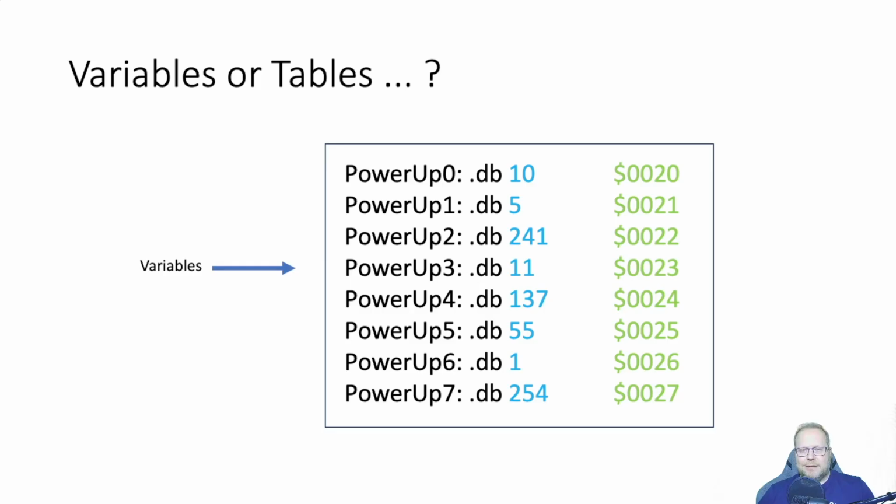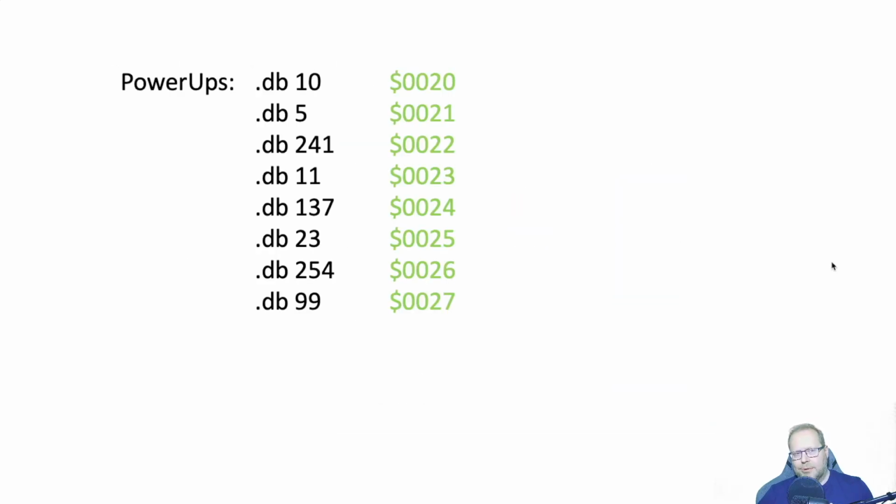Which means that this table stuff is not some special thing for the CPU. The CPU doesn't care. These kinds of things are for us as programmers, because in the end, it's all just one memory address after the other. That's what the CPU cares about.